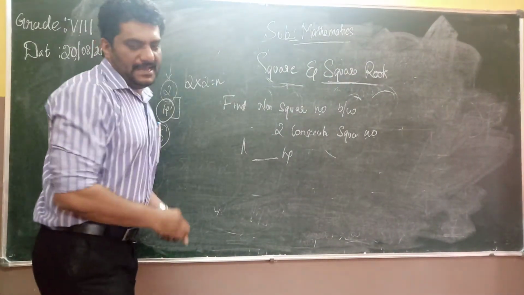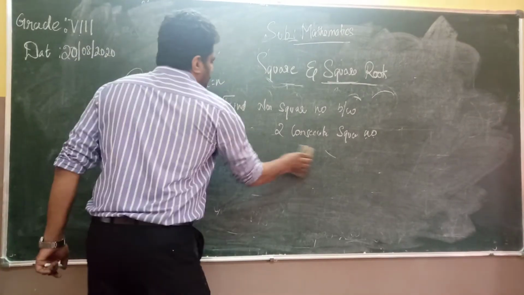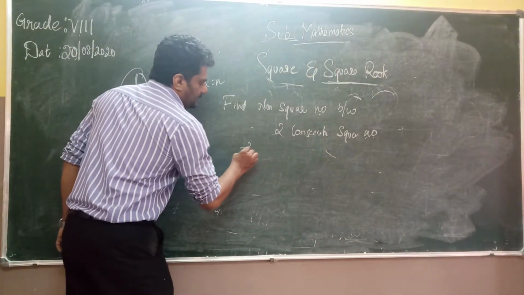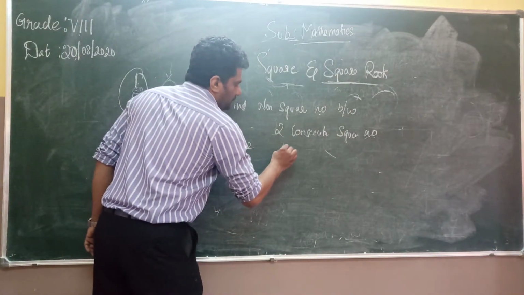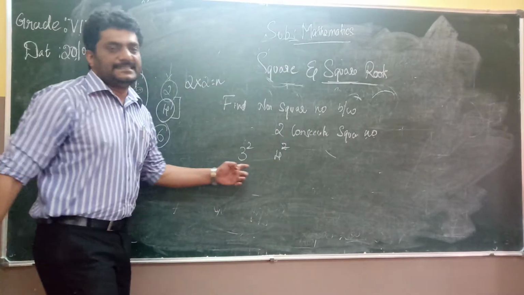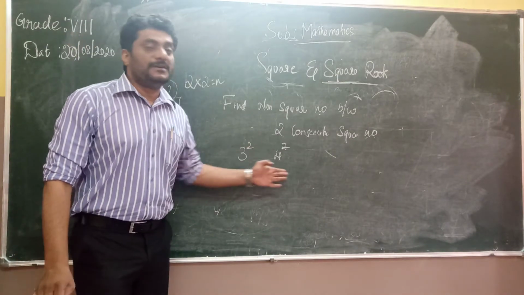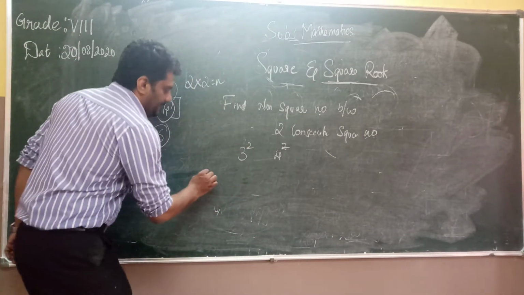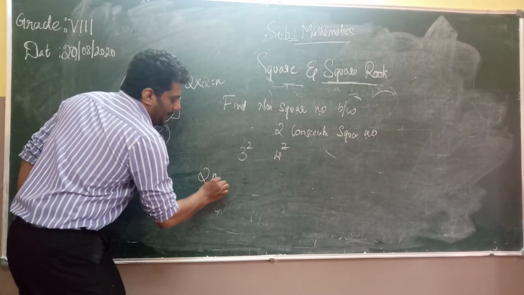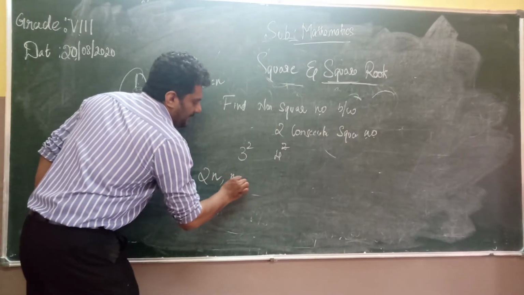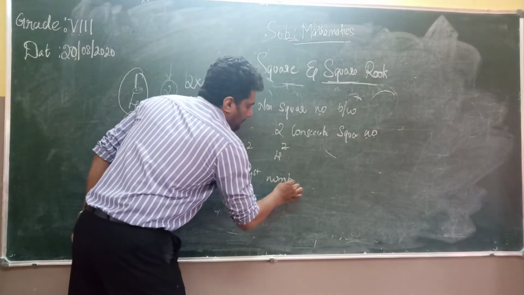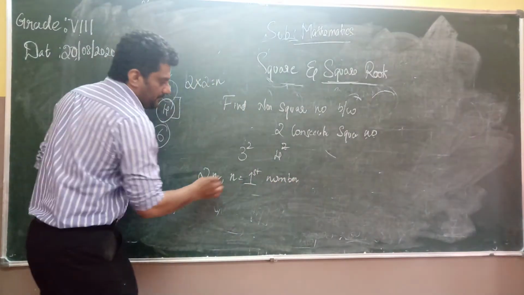Now here if I ask, 3 square and 4 square, how many consecutive non-perfect squares do we have between these two? I can directly write 2n, where n is the first number.